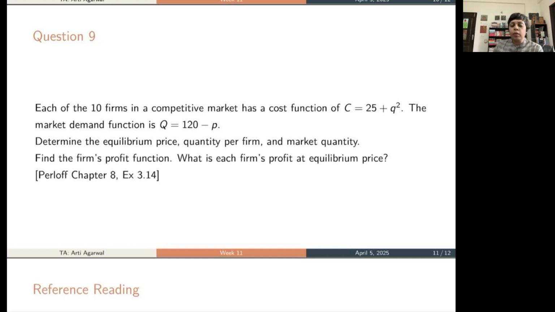Okay. Now, how do we get the market supply function? First, we have to get the individual firm supply function, right? And how do we get the individual firm supply function? We've just solved several questions on that last week, and even the previous question which I just explained, I didn't solve it, but I explained how we arrive at the supply function. What will we do?